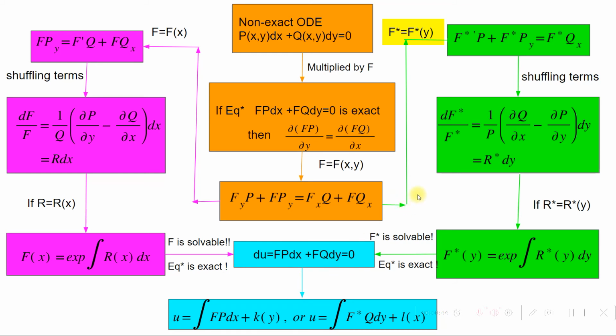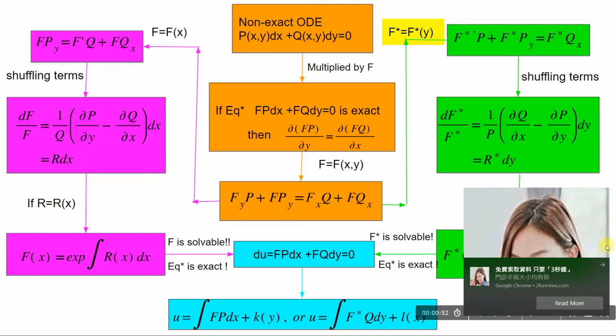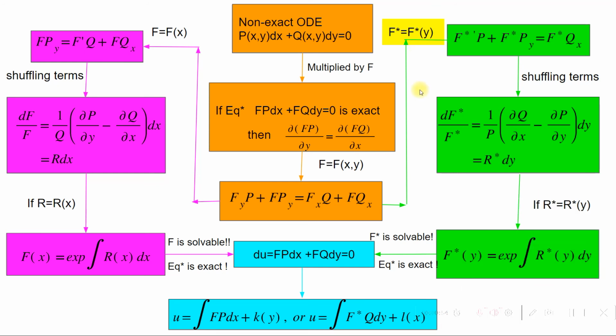So likewise, we can choose the integrating factor f star as a function of only y. So the subsequent reasoning process is pretty much the same. So you can pause the video and take a look at this green route.